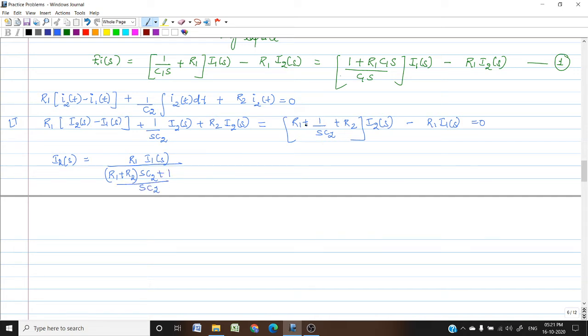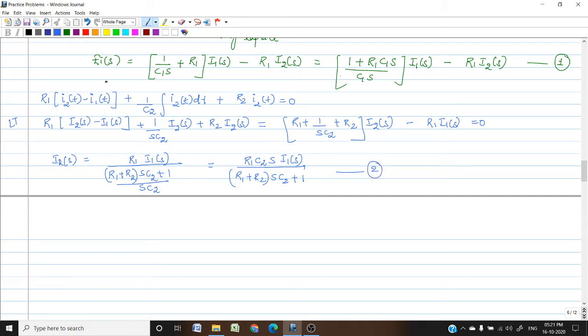I've simplified this expression. So with that I'll get R1 C2 S into I1 of S divided by (R1 plus R2) SC2 plus 1. This becomes my equation number 2.